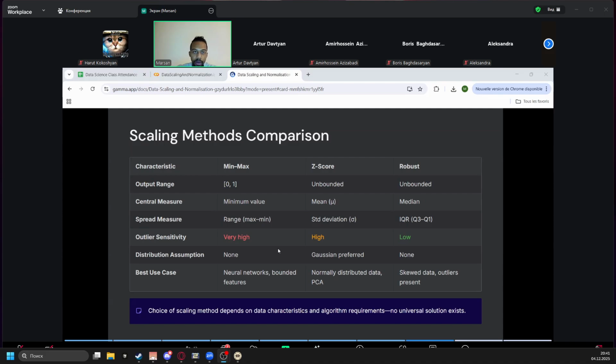Now I will give you a little exercise to do in groups, and I can share the notebook with you on Telegram if you need to see it in detail, if you didn't get it before.